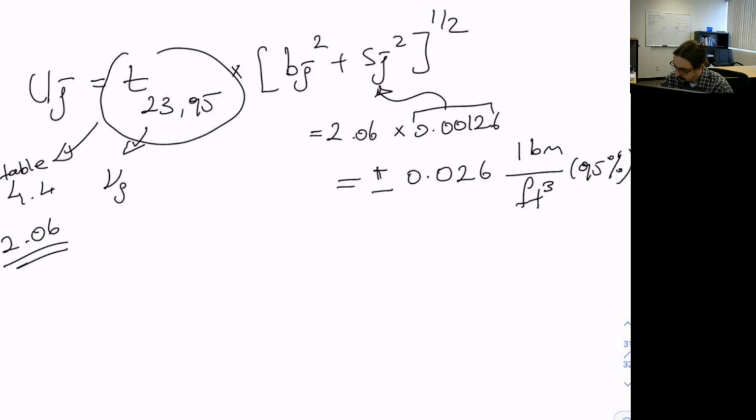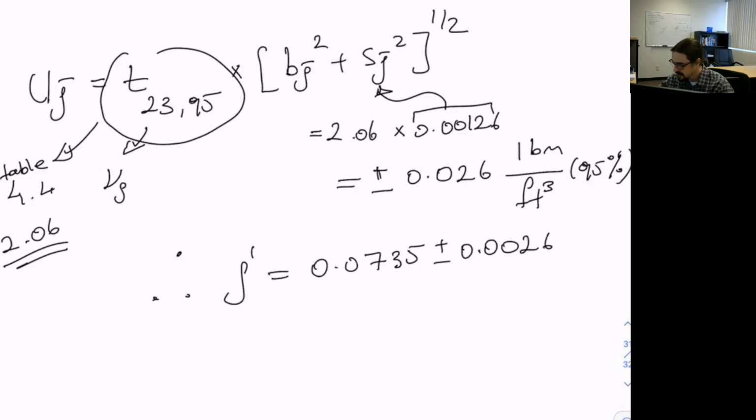Therefore, we can say that the confidence interval, meaning that based on the measurements that we have, we think that the real value of rho lies between the measured value 0.0735 plus minus 0.0026 lbm per feet cubed at 95% confidence.